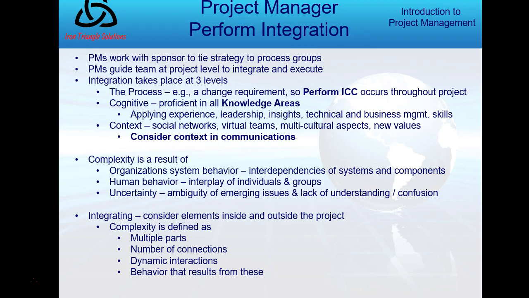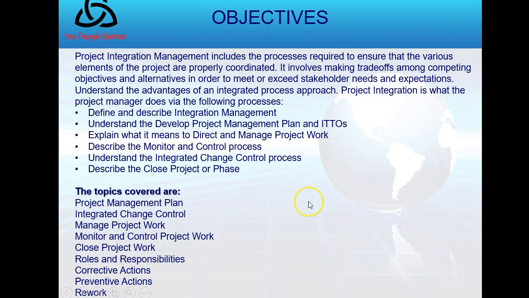So it's about how you allocate resources to balance them, how you tailor these processes to ensure that everything is met, how you manage the interdependencies, because you're about integrating them. There are multiple parts. The number of connections are large. It's a very dynamic environment, and behavior will result from there.